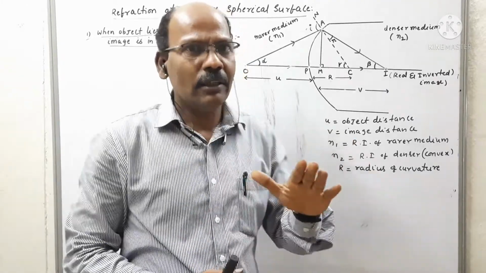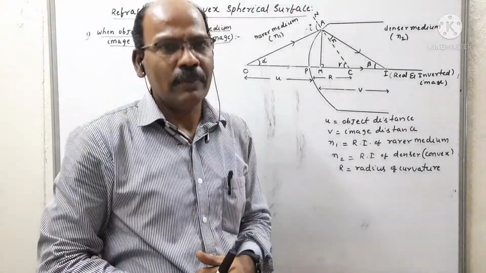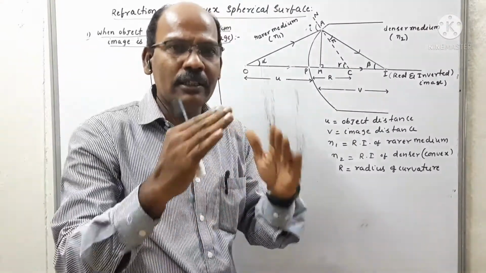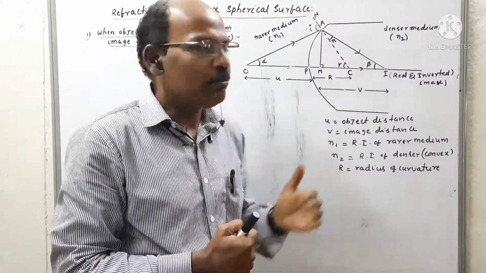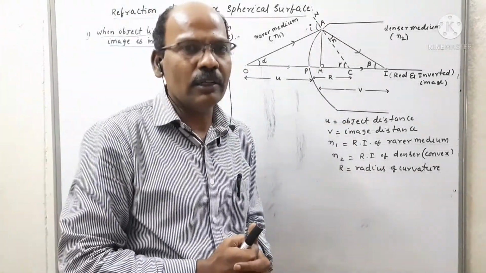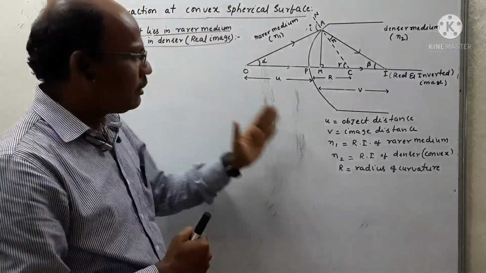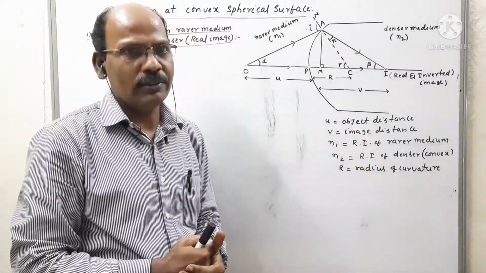Based on that, the pole exactly coincides with the normal, that means instead of the pole we consider the optical center. But here we consider only one curved or convex refracting surface. Then what is the relation among all the values?